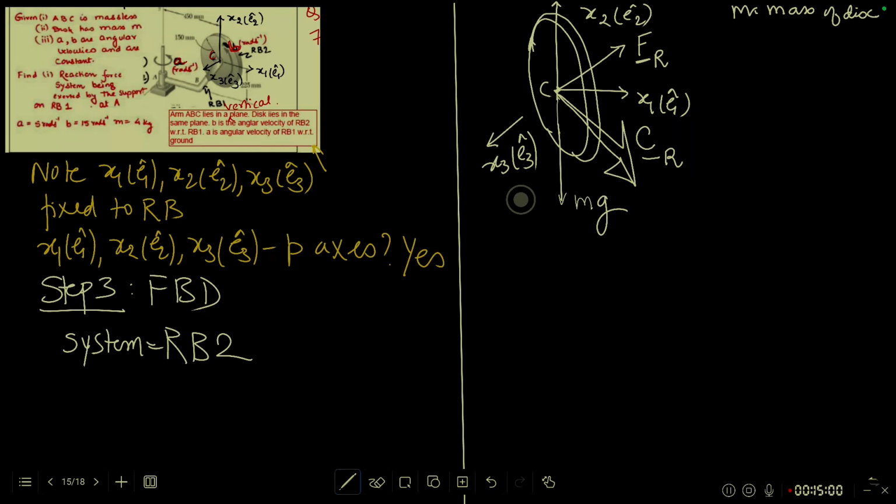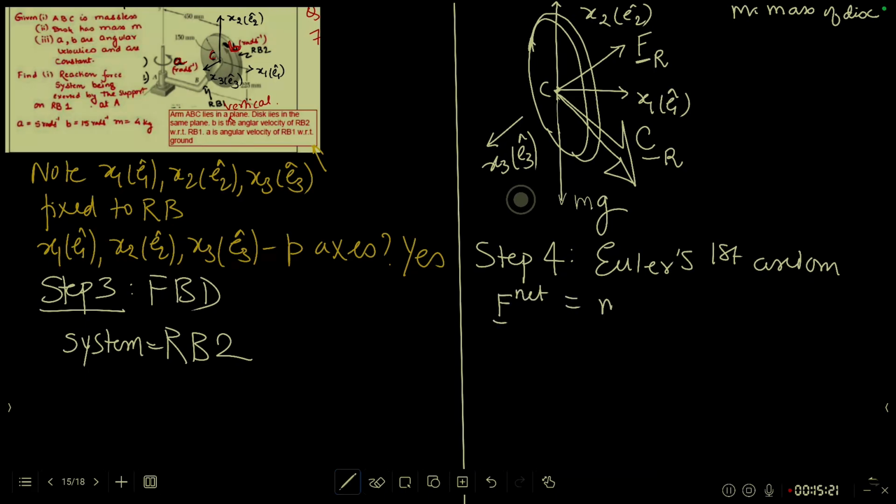Step 4. Euler's first axiom. Euler's first axiom tells me the net force must be equal to mass times the acceleration of the center of mass with respect to frame I. What is F net?